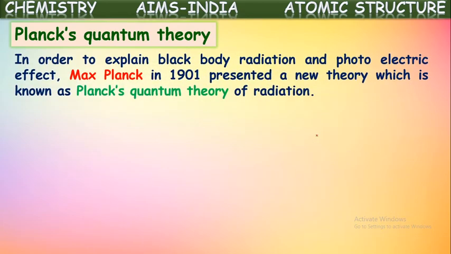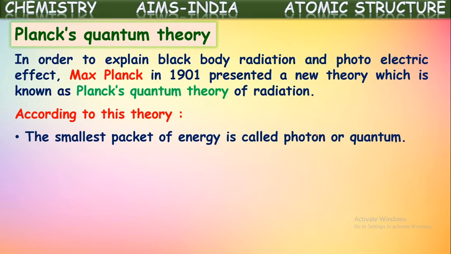In order to explain black body radiation and the photoelectric effect, Max Planck in 1901 presented a new theory which is known as Planck's quantum theory of radiation. According to this theory, the smallest packet of energy is called a photon or quantum.